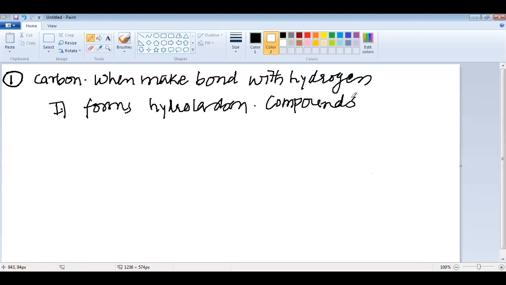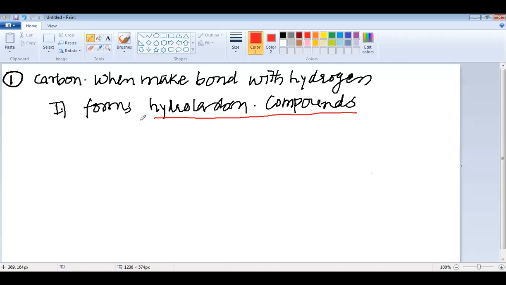So if someone asks you what a hydrocarbon compound is, you can easily answer that those compounds which contain only carbon and hydrogen are known as hydrocarbon compounds.